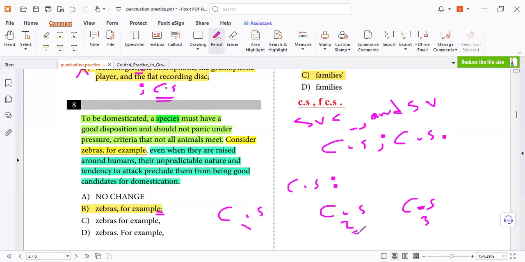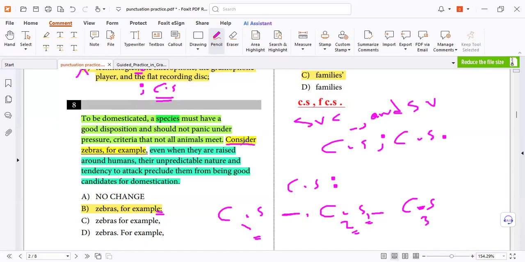If number two is an example to number one, you have options: put the expression, for example, at the beginning of the second, in the middle, or at the end. At the beginning, followed by a comma. In the middle, between two commas. At the end, preceded by a comma.